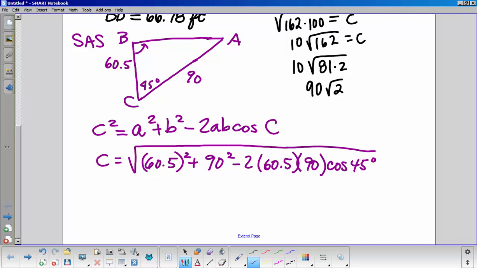So one of you guys do that on the calculator.